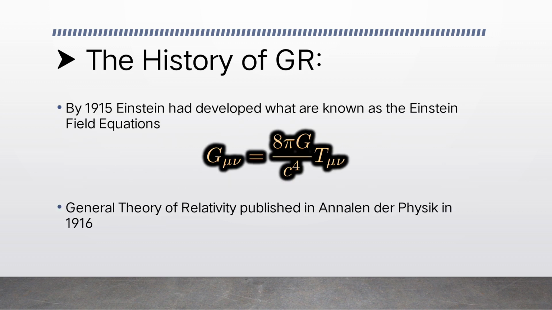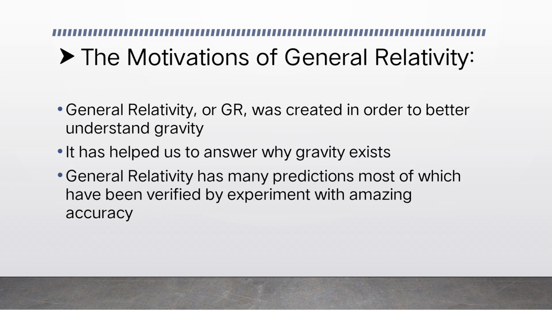By 1915, Einstein had developed what are known as the Einstein field equations: G mu nu equals 8 pi G by c to the power 4 into T mu nu. The general theory of relativity was published in Annalen der Physik in 1916.